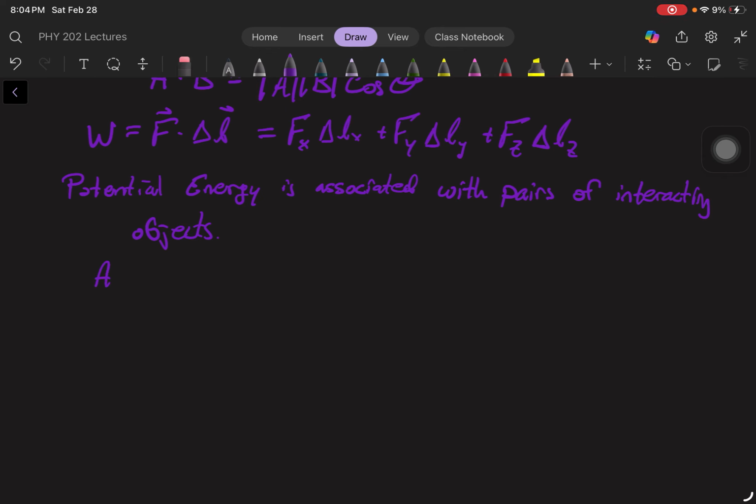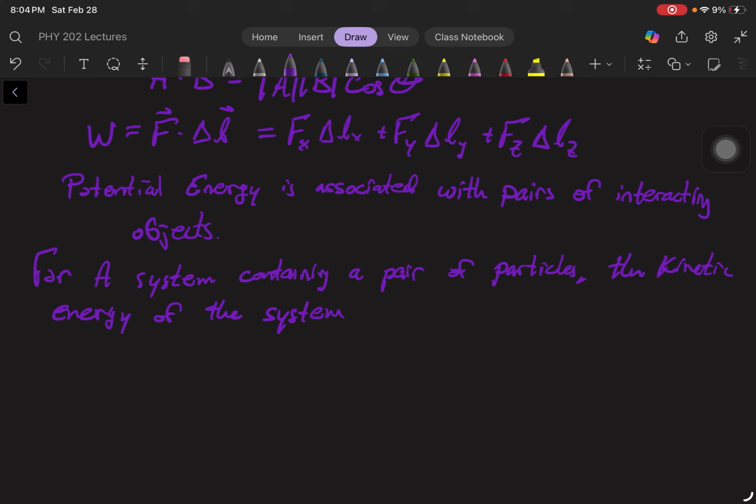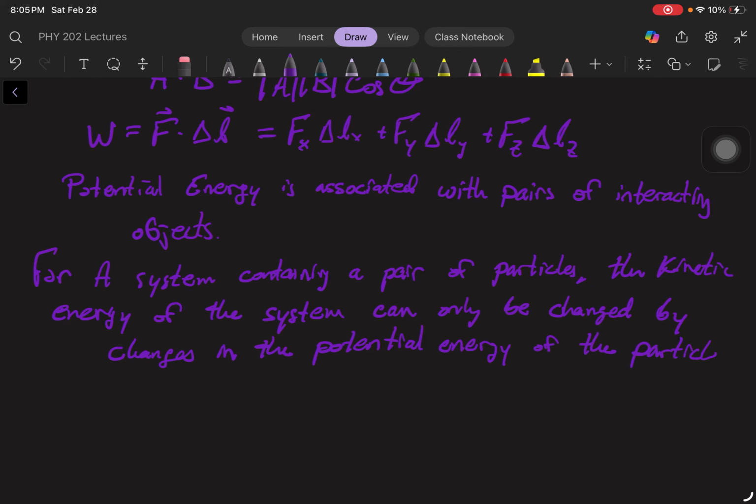And so for a system containing a pair of particles, the kinetic energy of the system can only be changed by changes in the potential energy of the particles or external work. That says of, not or.